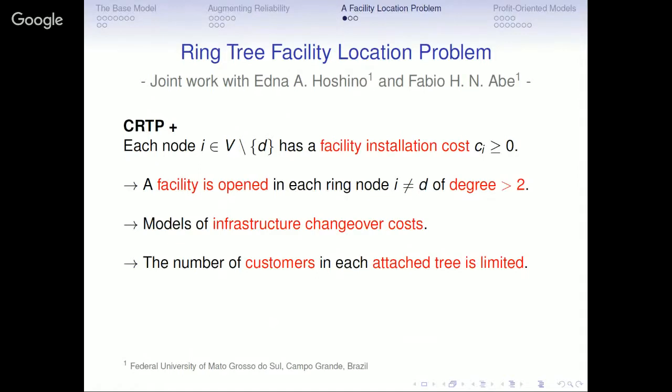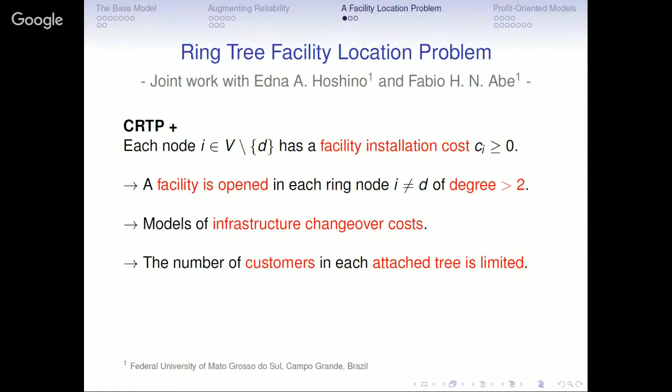This integrated decision-making has a certain cost in terms of facilities that need to be installed wherever you attach a tree to the ring, right? That could make sense. And in telecommunication networks, that could be a certain splitting device on which you maybe change to a different kind of cable, copper to fiber, fiber to copper, or just because you need to split, there is just extra effort that you put in there.